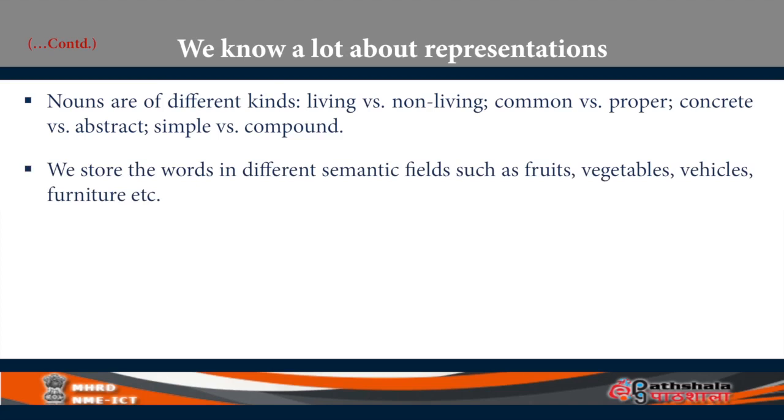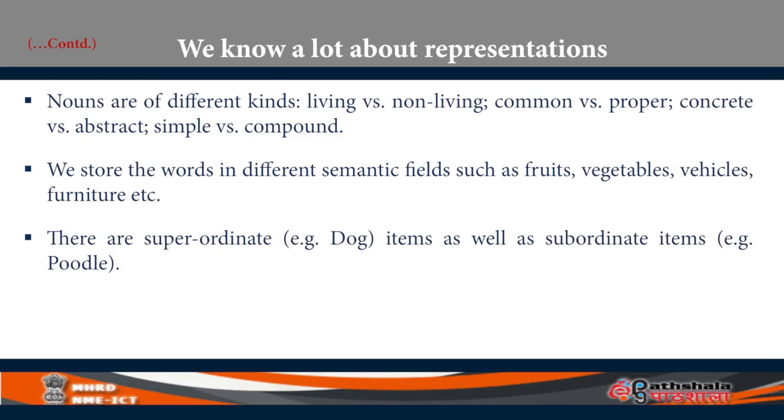And we store all these words in different semantic fields. We know several fruits, many vegetables, names of vehicles, names of furniture. These are semantic fields. Within each field you have individual lexemes belonging to that field. There are superordinate terms. Dog is a superordinate, poodle is a variety of dog and therefore it is subordinate. We know that also.